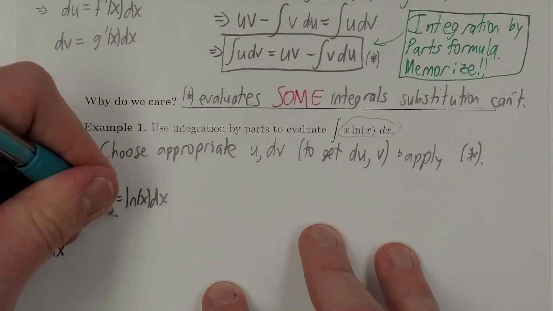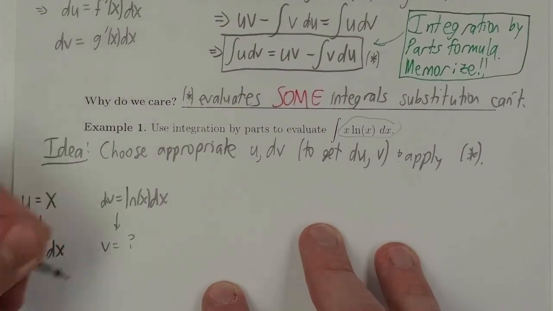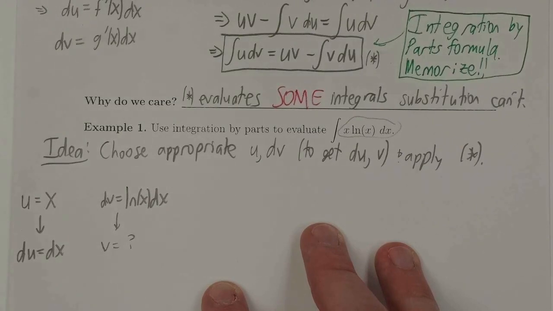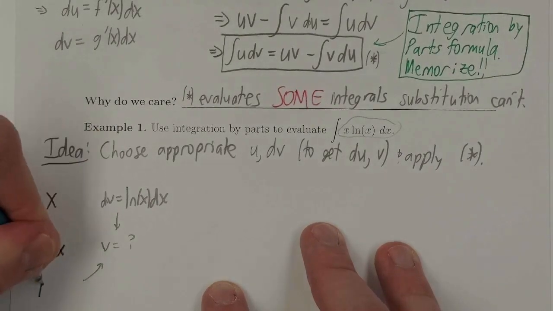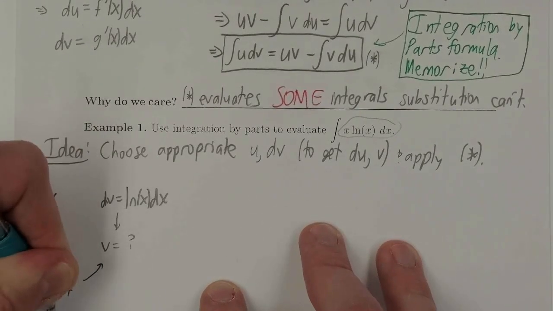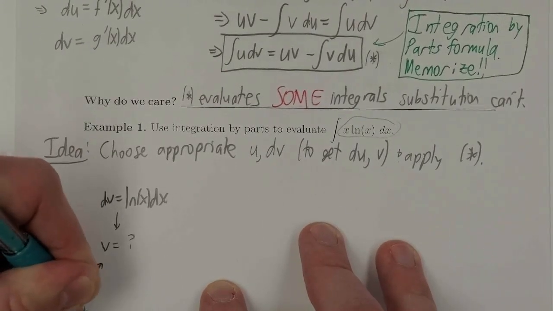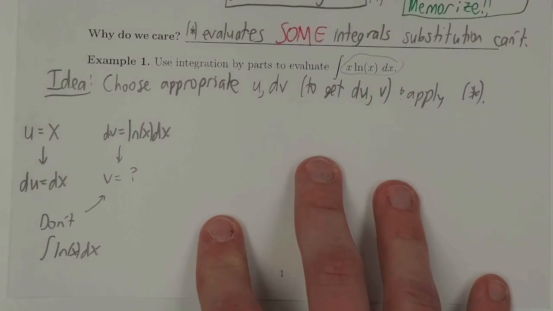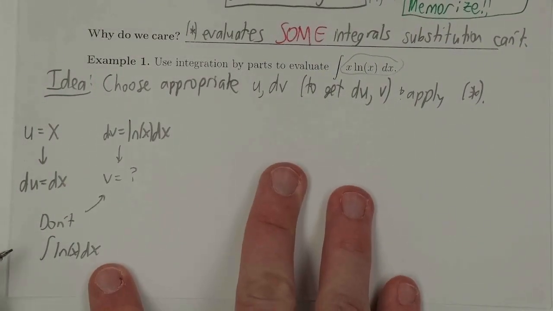But then you realize, well, wait a minute, what is v exactly? The problem is that this suggests we need to know the integral of natural log of x dx. But here's the problem. We don't have a nice antiderivative for this, at least not right now.